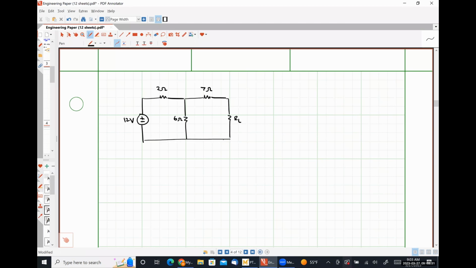And I want to figure out A, what value of RL will cause the remainder of the circuit to deliver maximum power.